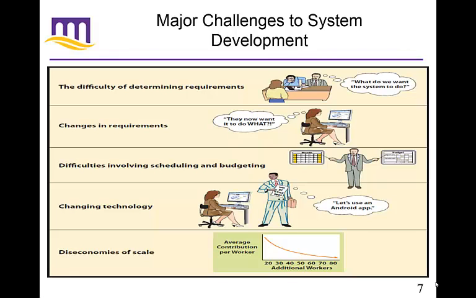Well, that might not fully capture what they really want to get out of the system. Really what they want is not just a report, but the ability to drill down into individual items on occasion. And so that's the big issue here, when you have these on-occasion things that you want to be able to do, kind of ad hoc. So that's always an issue, right? Number two, a lot of times there are changes in requirements.